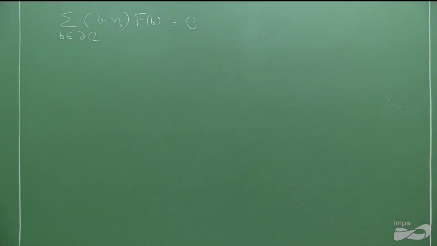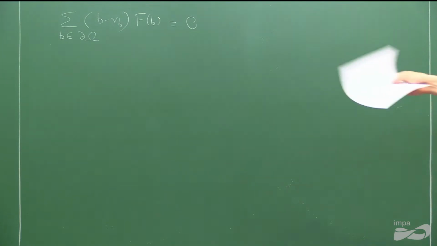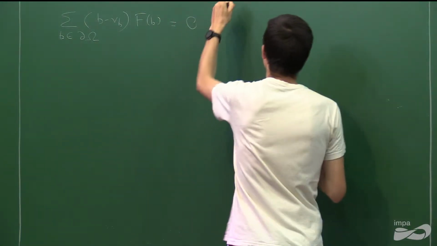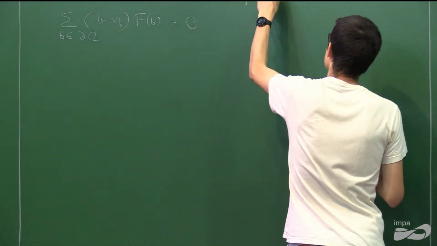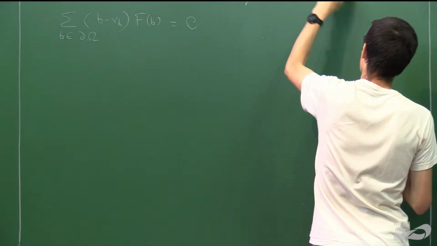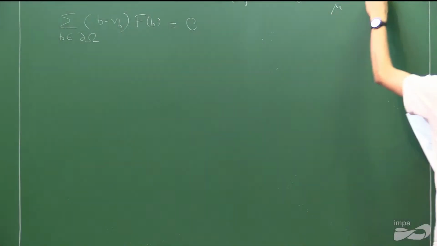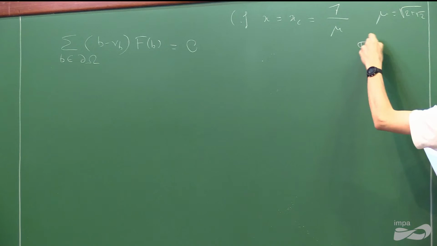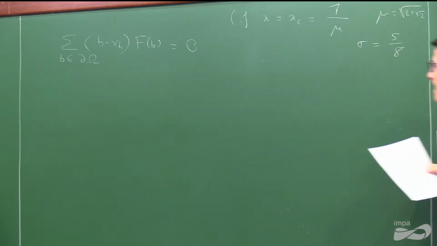So what we did first was to prove this locally and then sum over all the vertices to get this identity. This was if x is equal to xc, which is 1 over mu, with mu equal to square root of 2 plus square root of 2, and sigma is equal to 5 over 8.